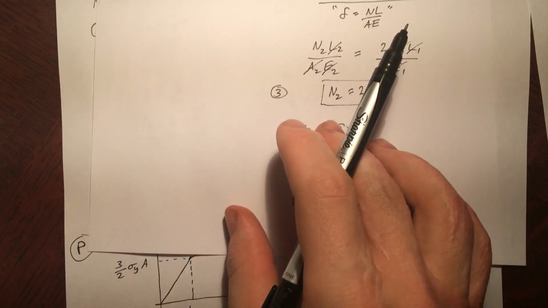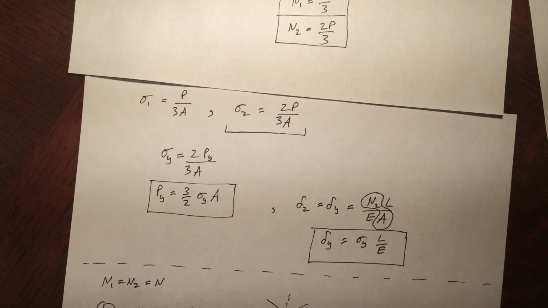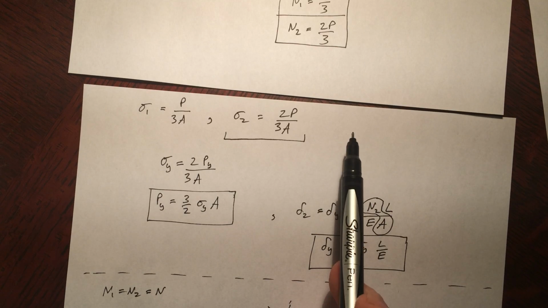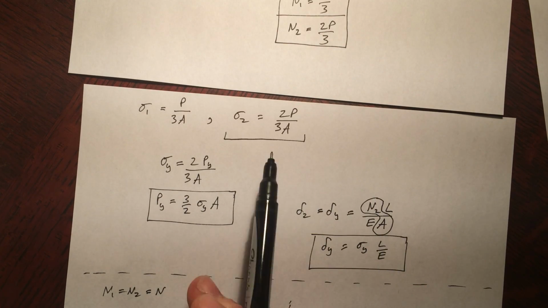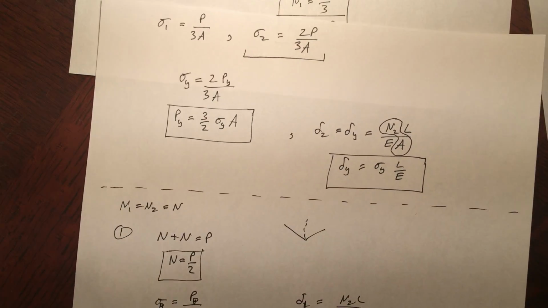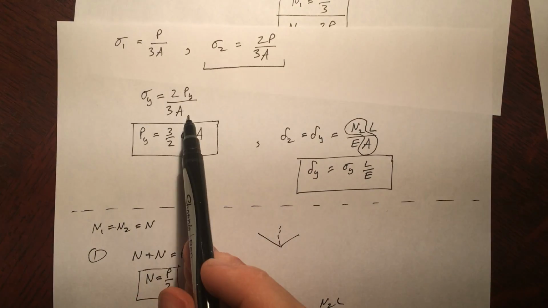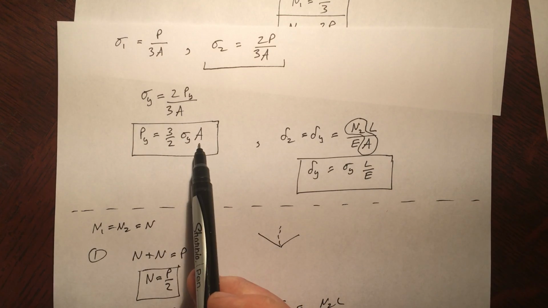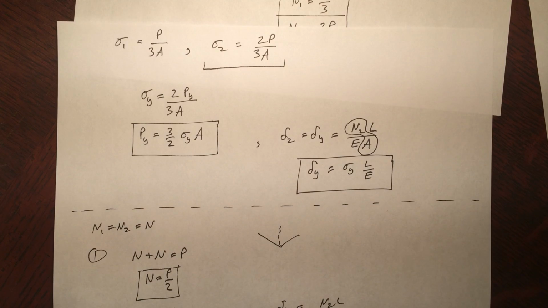We found the normal forces and the stresses in the two pieces, and we realized that sigma 2, the rod that was straight up and down, had the greatest stress. We realized that went to yield first. So if this was at yield, then the P that was applied at that time was also P yield. We solved for it and found the displacement.